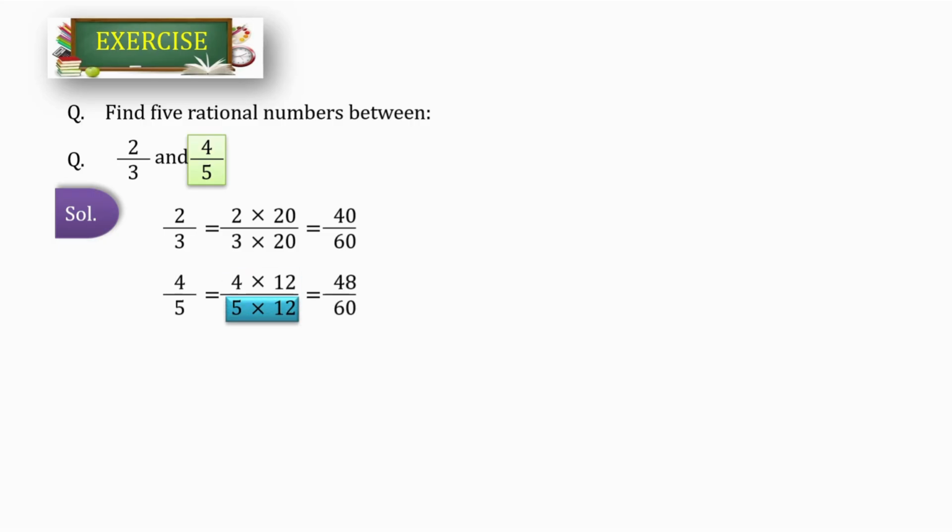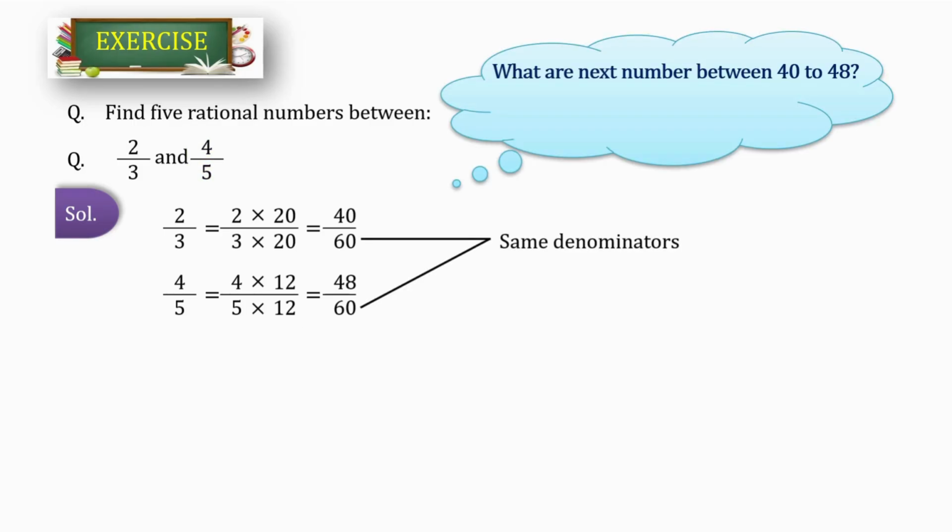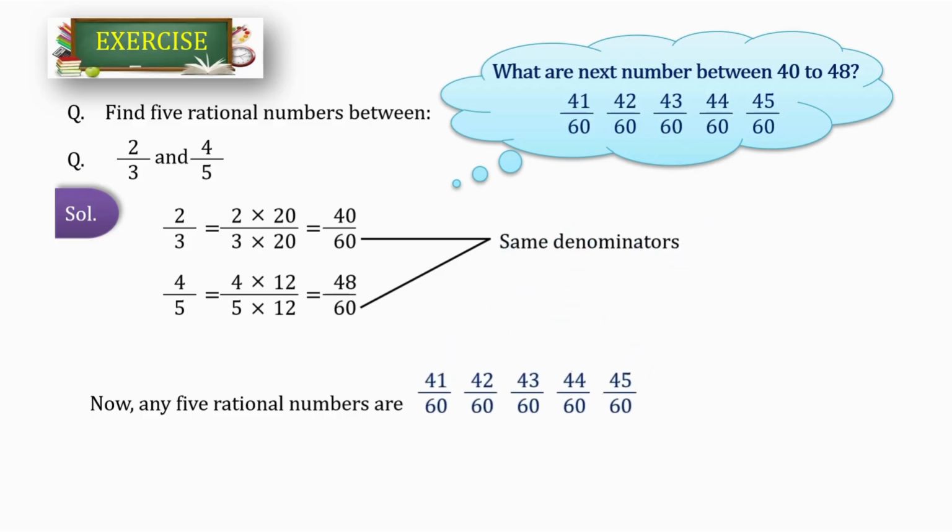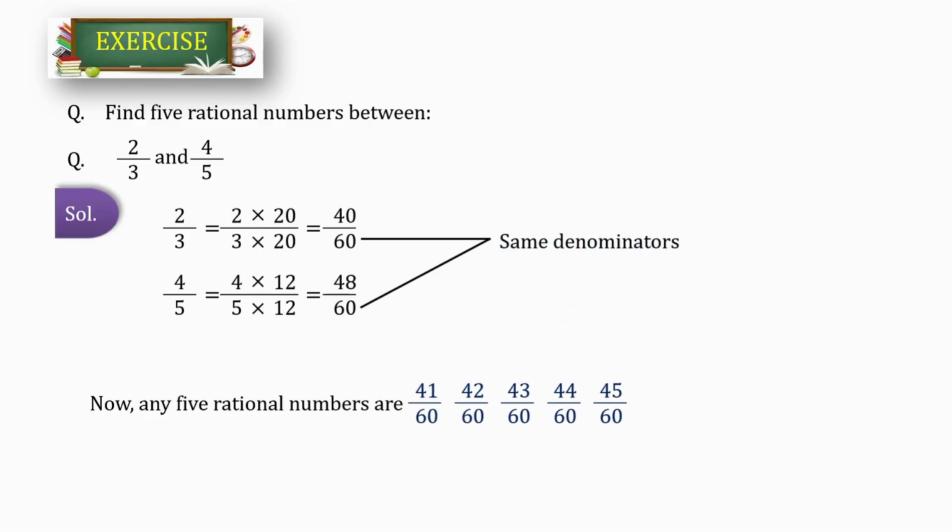And in both the numbers, the denominator we have considered as 60. So now what are the numbers between 40 and 48? Those are 41, 42, 43, 44, 45. So now any 5 rational numbers are these.